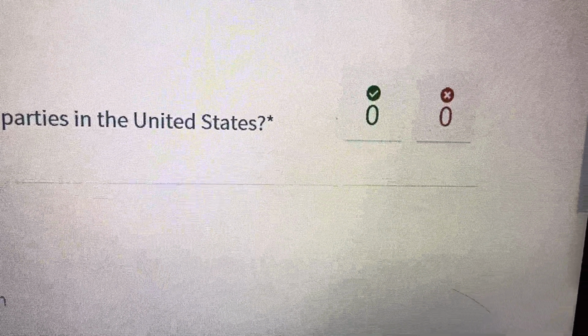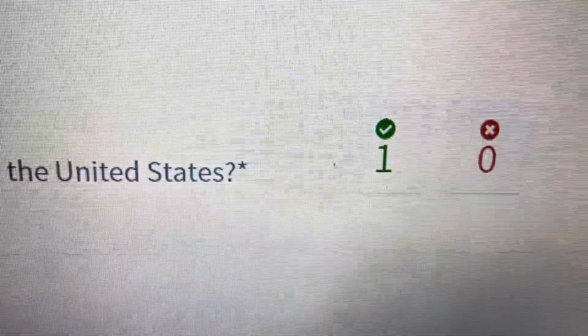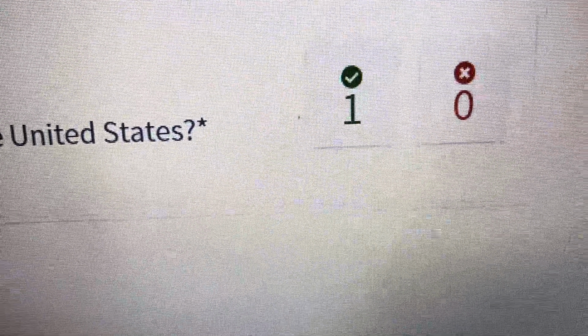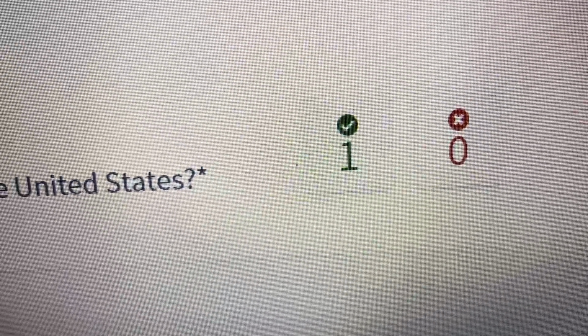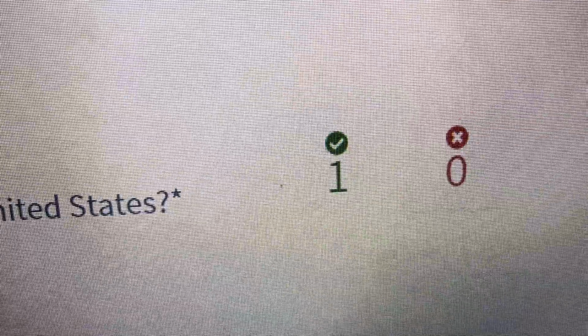The answer is Democratic and Republican. Okay, I got it right. The symbol of the Republican is the head of an elephant, and a donkey for the Democrat.